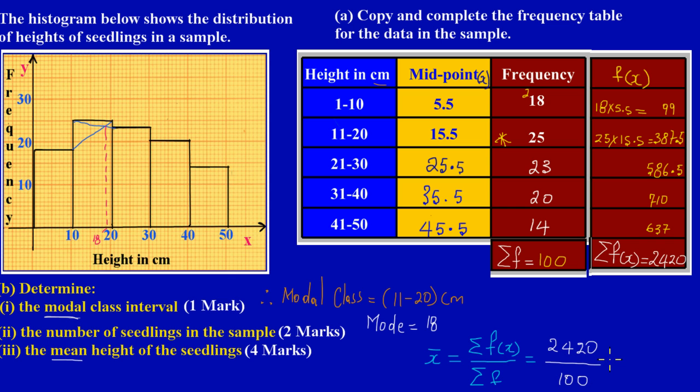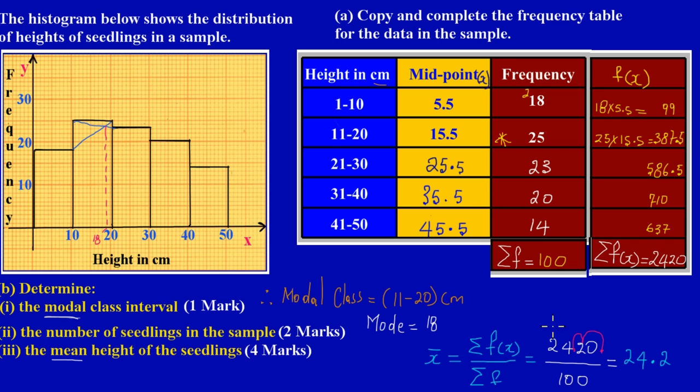So this would be equal to 2420 divided by 100, and when dividing by 100 it's as if you're moving the point to the left. How many zeros do we have? We have 2 zeros, so it's as if we're jumping 2 places. Okay, my friends, so our answer obviously would be 24.2.